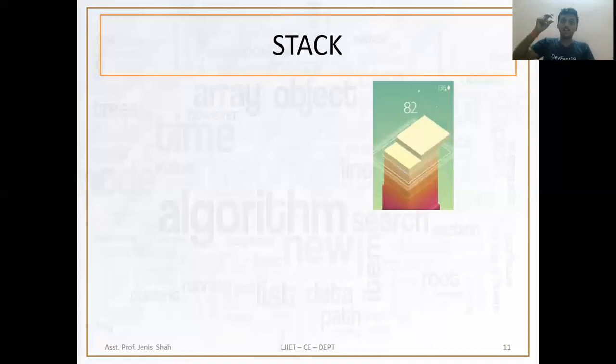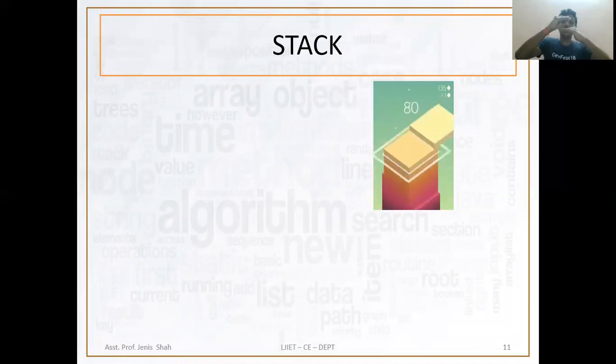And another thing happening here: 50 is the last inserted element. See, 10, 20, 30, 40, 50. It is going to be the first deleted from the stack, like this: 50, 40. Last in, first out. Stack follows LIFO manner.